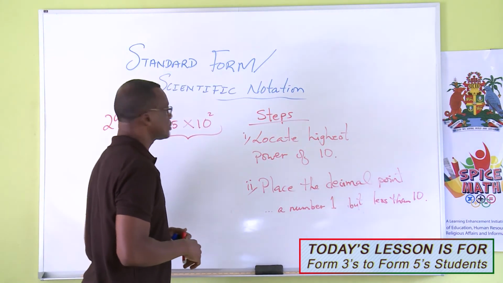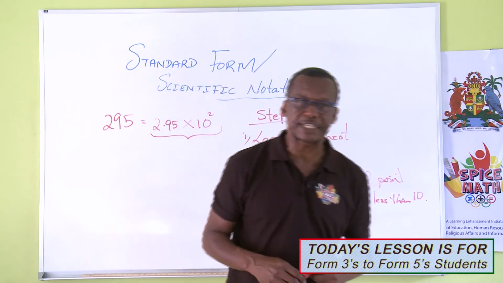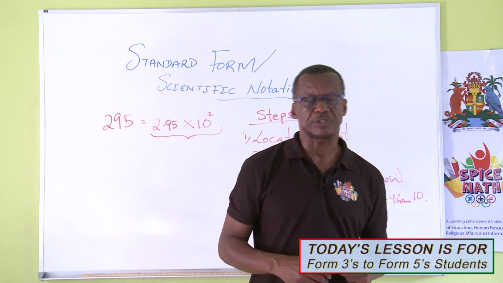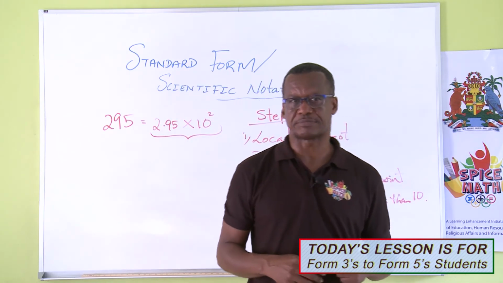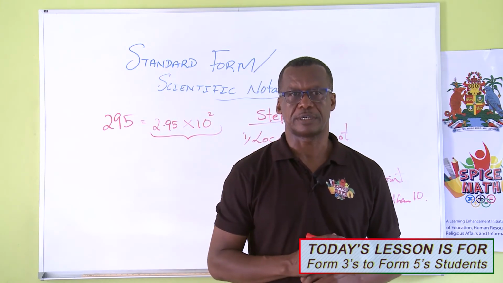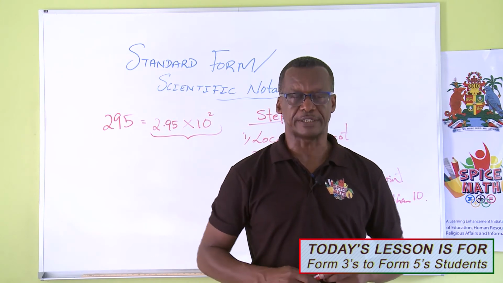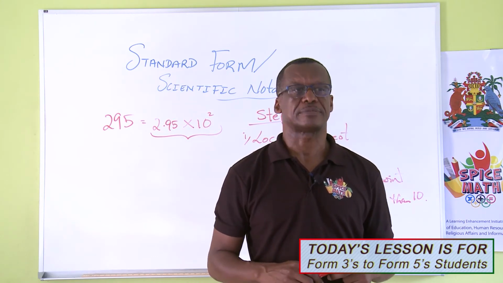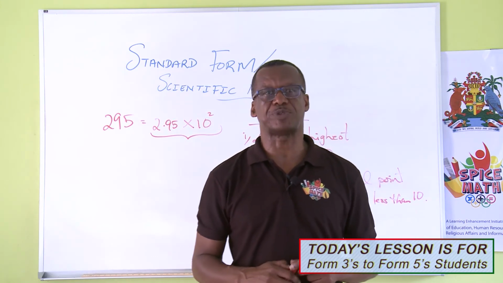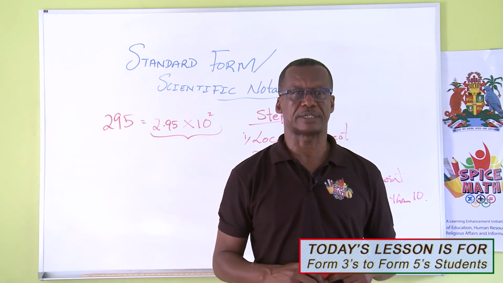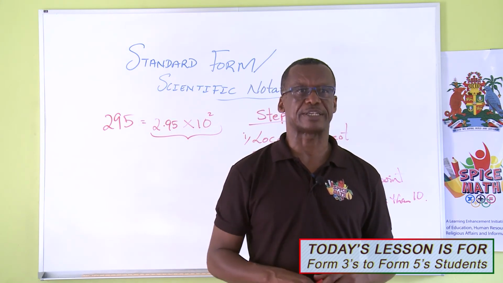Okay? So generally speaking, scientific notation is really a way of writing any number such that we express it as a power of 10 and a number that lies between the number 1 and just a little less than 10.